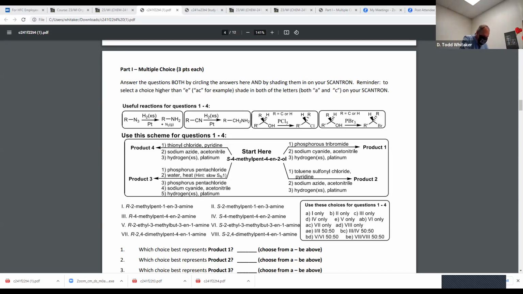And then it's time to do the pinacol rearrangement. How do I know? Vicinal diol, sulfuric acid, and heat. If you see any alcohol with sulfuric acid and heat, first thought, dehydration. If it's a vicinal diol, it's a special dehydration called a pinacol rearrangement.